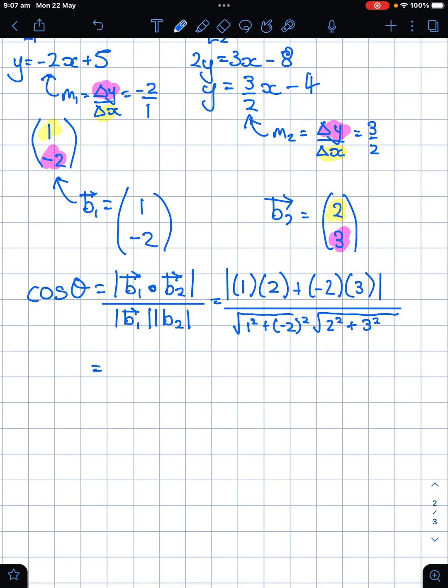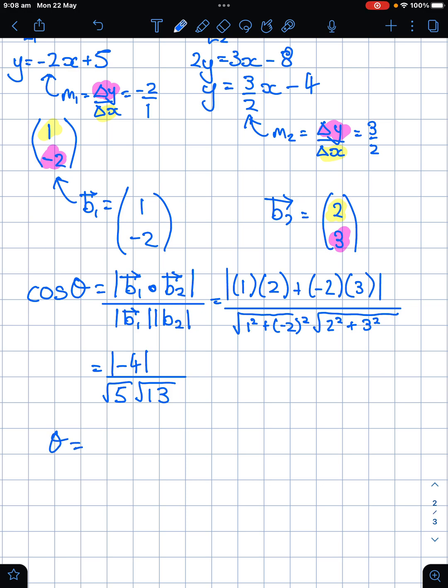The numerator equals 2 minus 6, which is negative 4. And then square root 5, and square root of 4 plus 9 is 13.